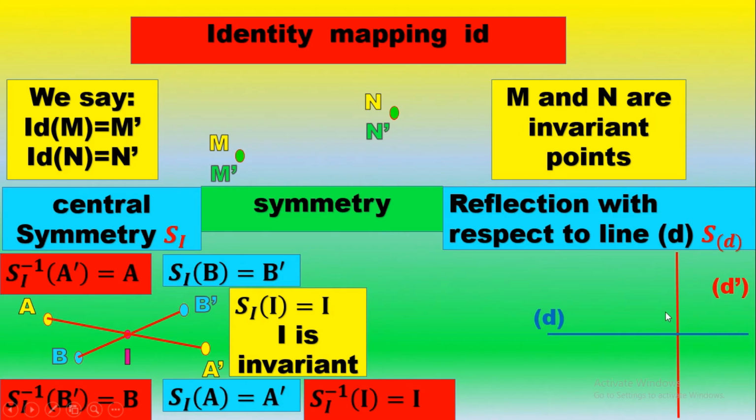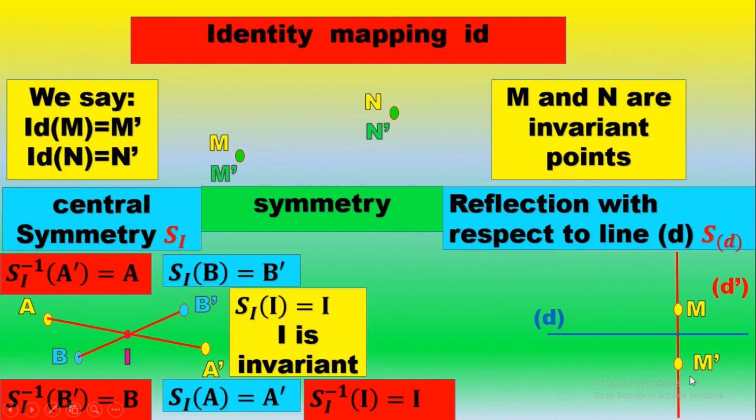If we take a point M on D prime, note that when we talk about the symmetry with respect to D, we should draw the perpendicular, which is already drawn since the two lines are perpendicular, and produce it by the same length. So here M prime is the image of M under this symmetry.